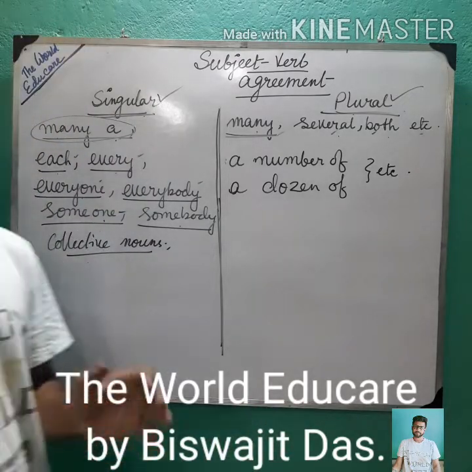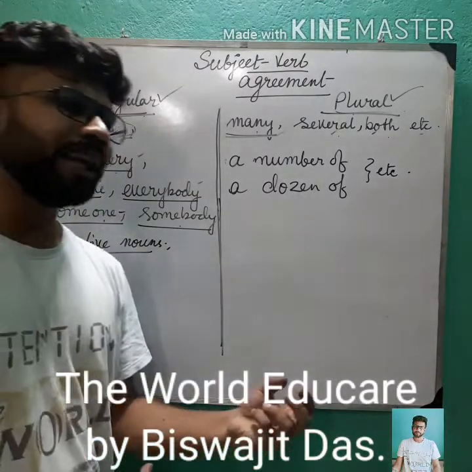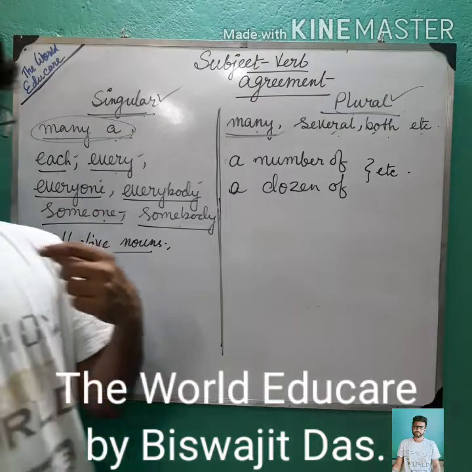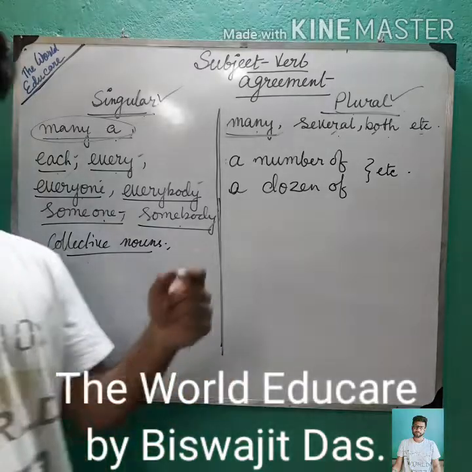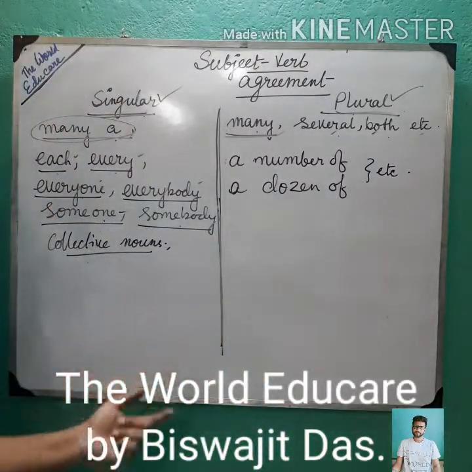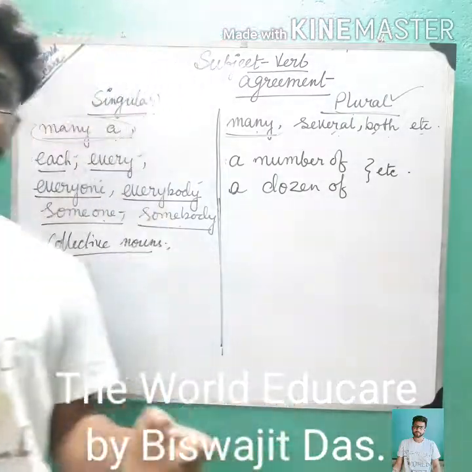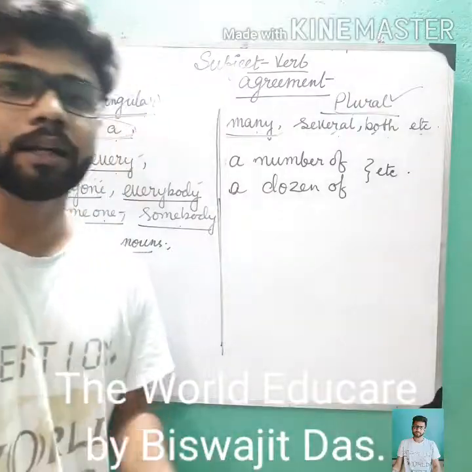Apart from this, I am adding some other things. In English, there are some words which are most confusing. I will attach in this video those words that look like plural but are singular in sense. So let us see what these are.